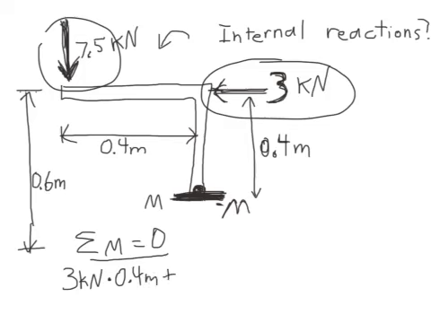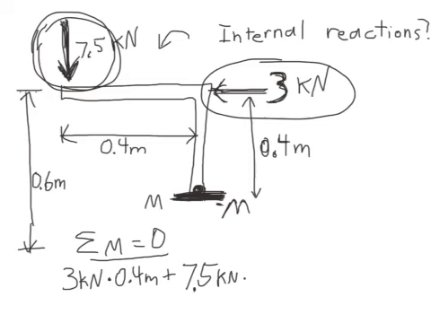And then we have to add to that the moment from the 7.5 kilonewton force. And that moment is 7.5 kilonewtons times the moment arm of this one. So finding the moment arm here is a little more tricky.